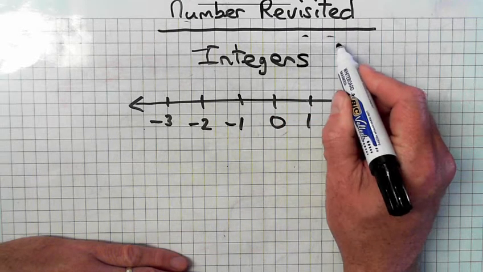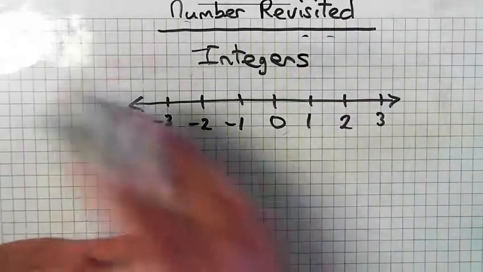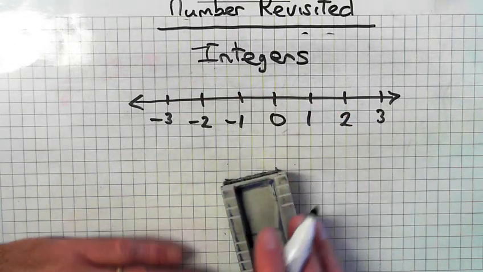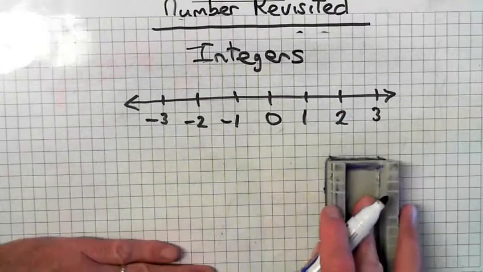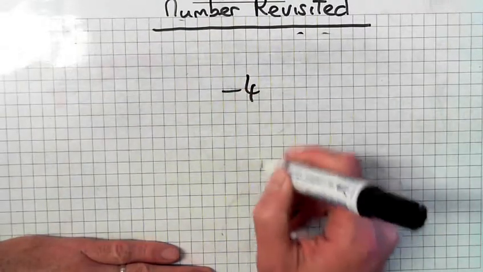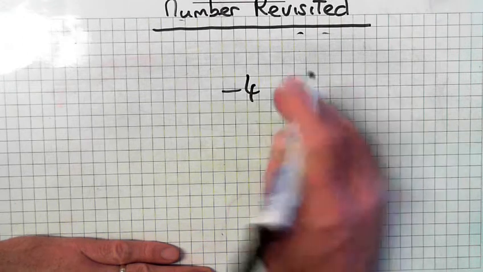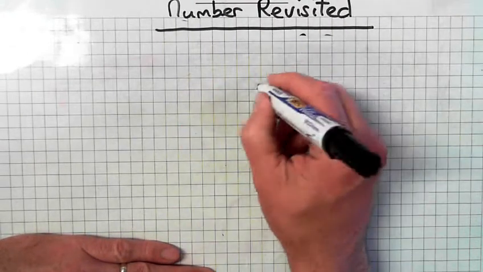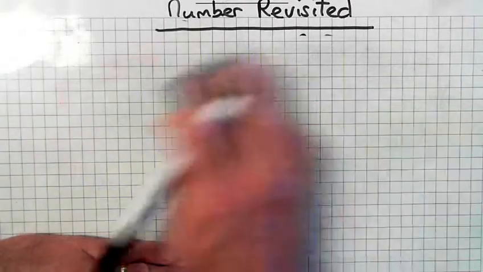Integers are positive numbers, including 0, and negative numbers, no fractions, no decimals. An example of an integer could be -4, or 0, or 1, all integers.